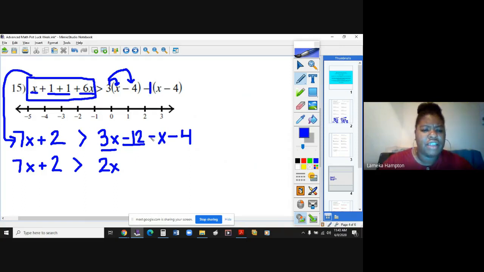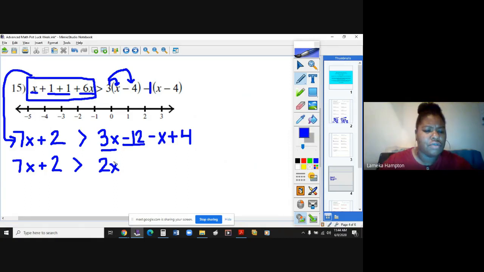But when I do that, that's going to give me a -x, and a negative times a negative gives me a positive. So again, we're reinforcing all of those wonderful things of distributive property, combining like terms and simplifying expressions. Actually, that's really what we're doing.